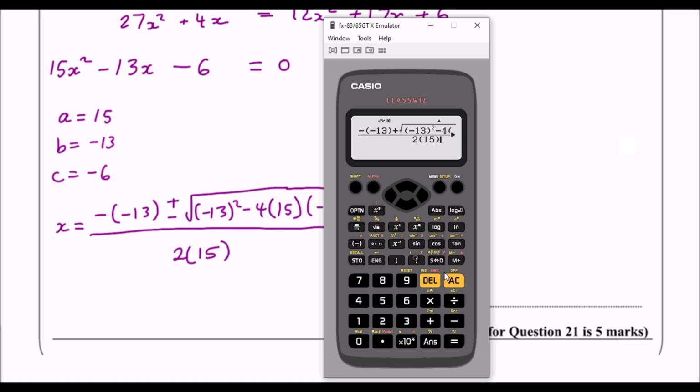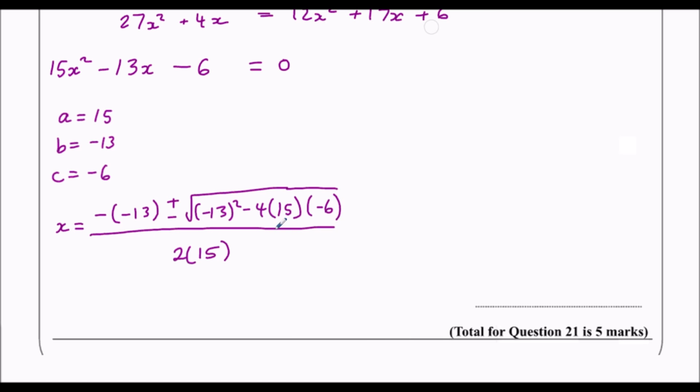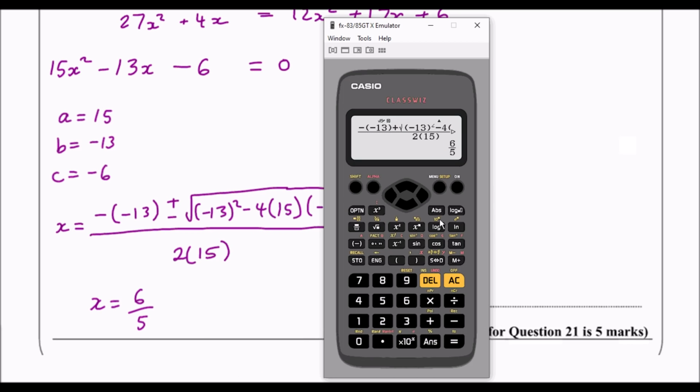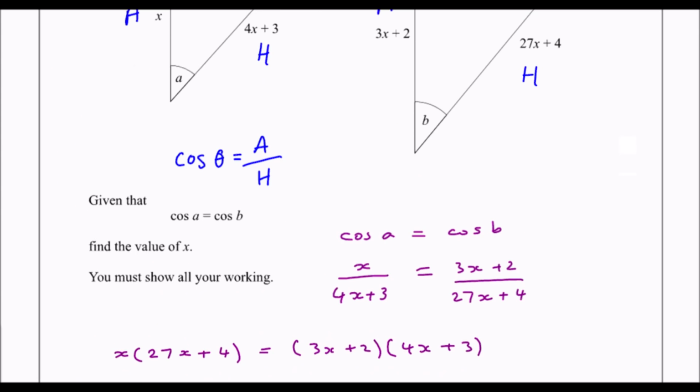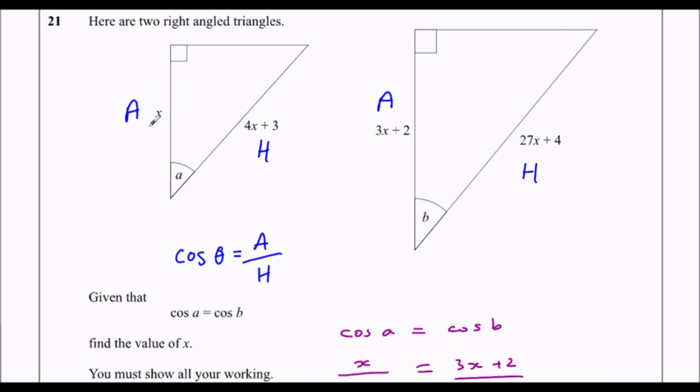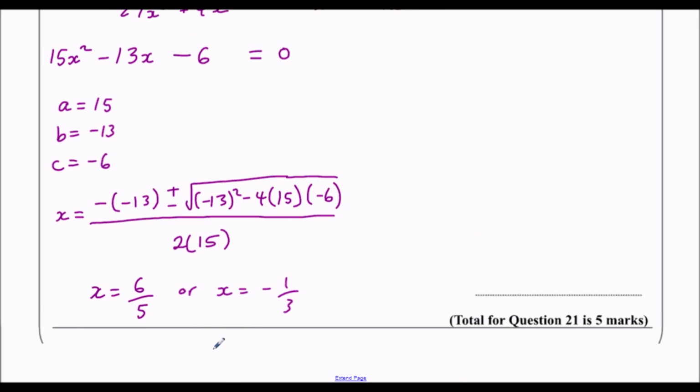So this is for the plus. I've got 6/5. Or for the minus, I'm going to go back in and change the plus to a minus, minus 1/3. I couldn't have a length as minus 1/3, so I have to say x can't be minus 1/3, so x must be 6/5 or 1.2. So it would have factorized.